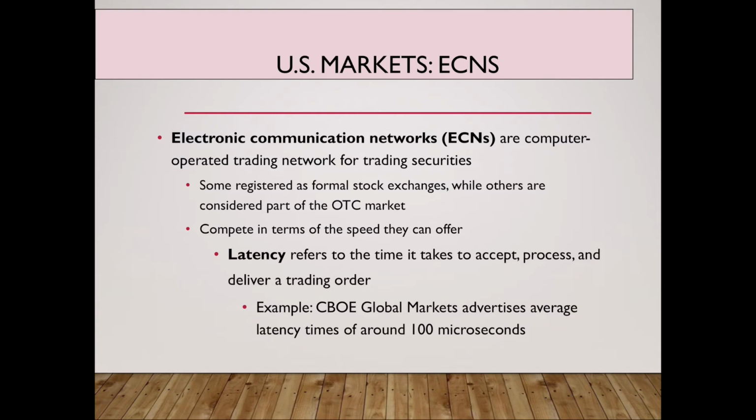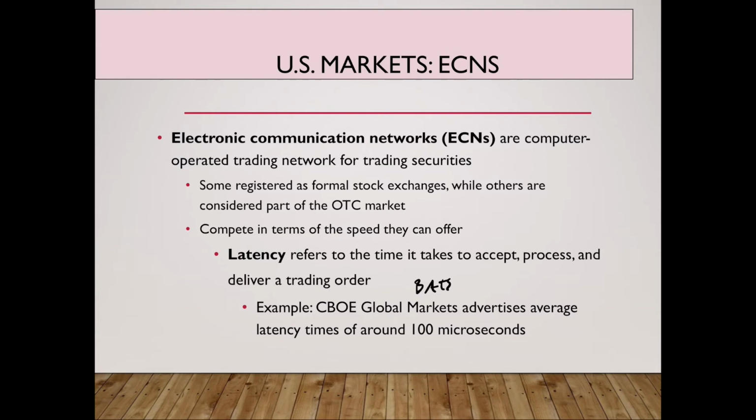So for example, the CBOE Global Markets, which owns BATS, an electronic communication network, advertises an average latency time of around 100 microseconds. So it can accept, process, and deliver an order in around 100 microseconds. Think of how fast that is.